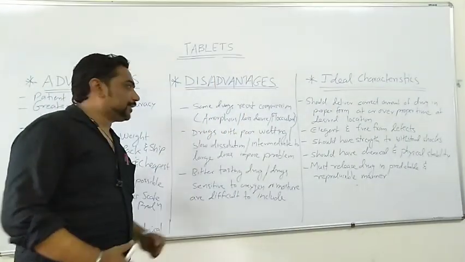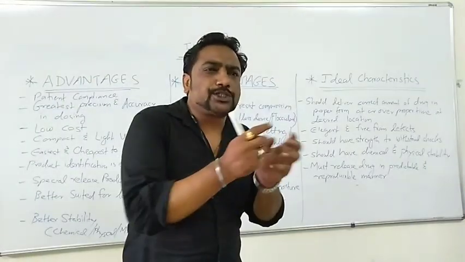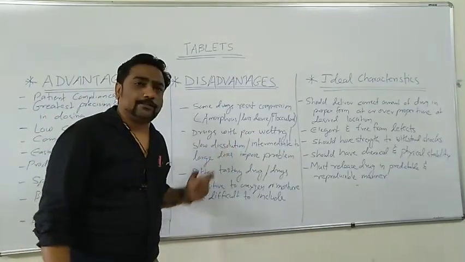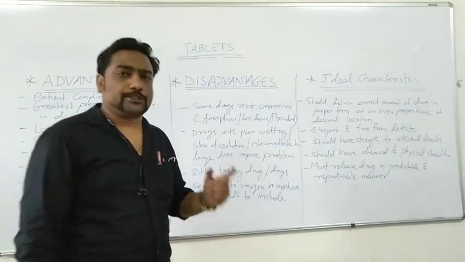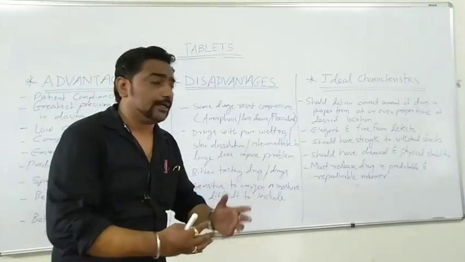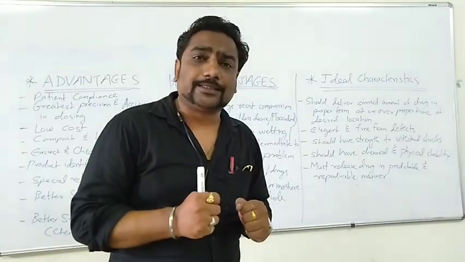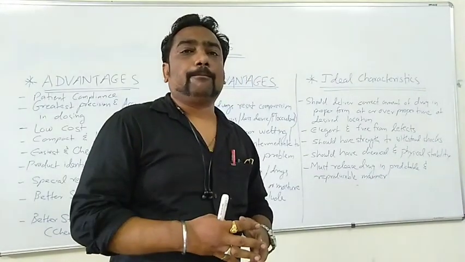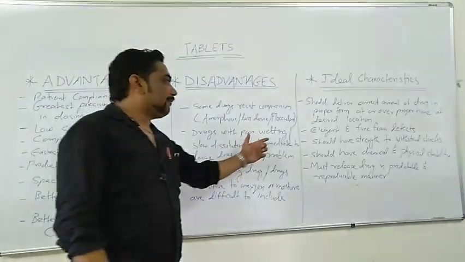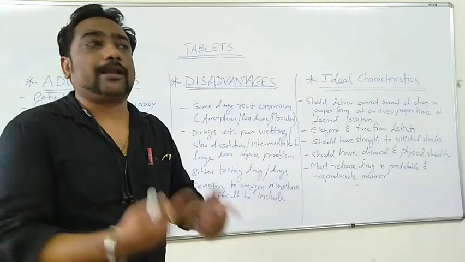The second disadvantage is that drugs with special problems, such as poor wettability, slow dissolution, or intermediate to large doses, cannot be manufactured into a tablet dosage form, as poor wettability will lead to problems during manufacturing.